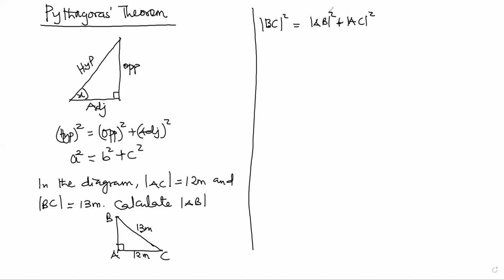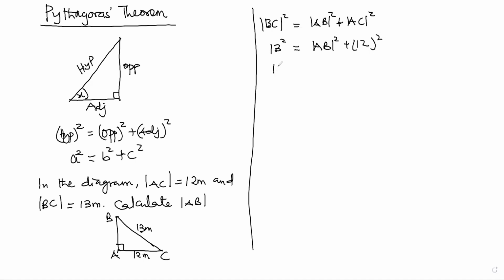So my BC is 13 squared. My AB, I don't know. My AC is 12 squared. Okay. So we have 12 squared.